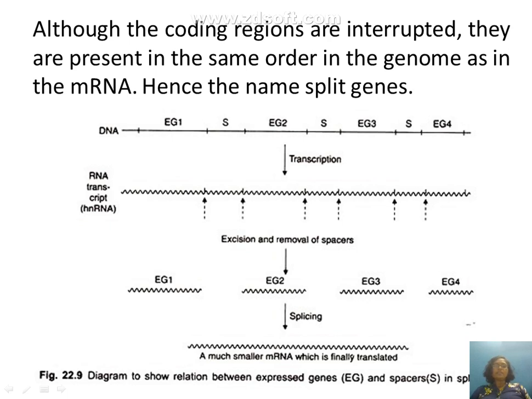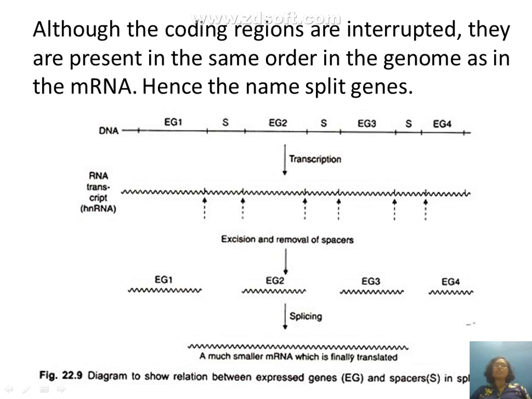It means that if you see the length of this messenger RNA, this mature messenger RNA, and compare it with the nucleotide sequence of DNA, then obviously you will see that the DNA nucleotide sequence is much larger than the messenger RNA.